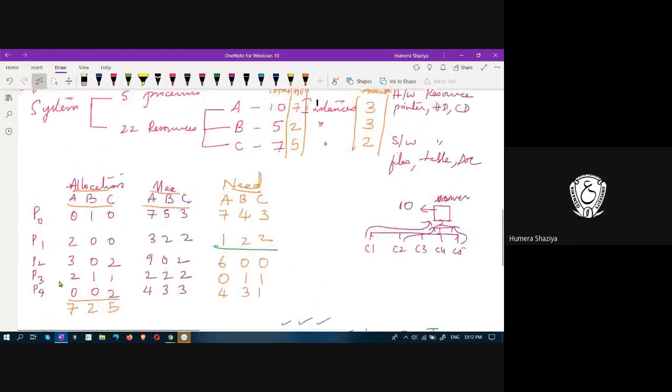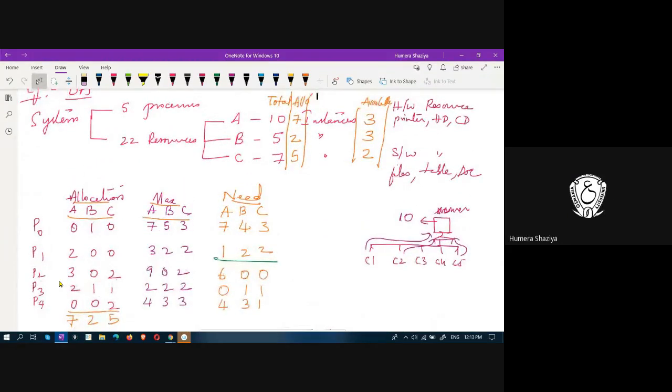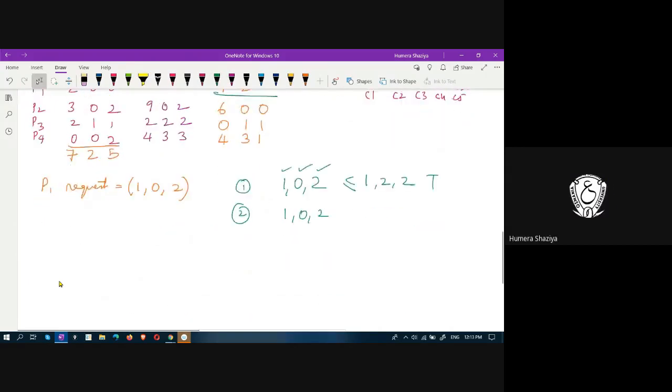Look here, available is 3, 3, 2: A is 3, B is 3, and C is 2. Is the request less? Yes. 1 is less, 0 is less, 2 is less. Less or equal, true. True means now you go to step 3.